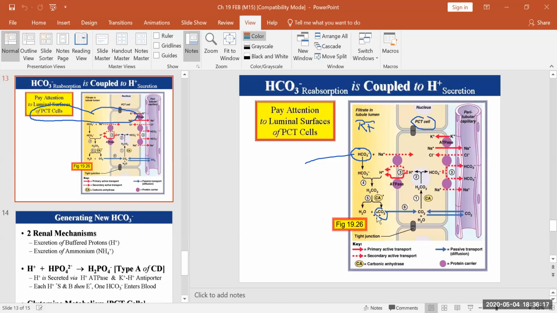So it reconverts back to CO2, and CO2, we learned from a previous recording, is highly soluble. It can go across the cell membrane. It is much more soluble than oxygen. So it can cross the cell membrane here. And when CO2 gets in, it reconverts back to bicarbonate. And that bicarbonate will be reclaimed into this peritubular capillary. So you have this bicarbonate ultimately going in here.